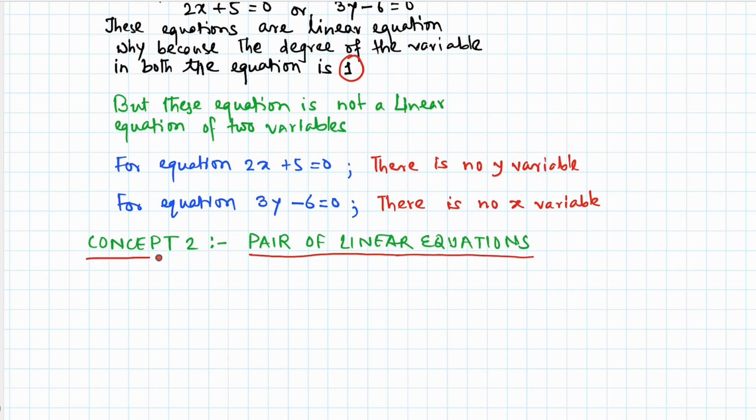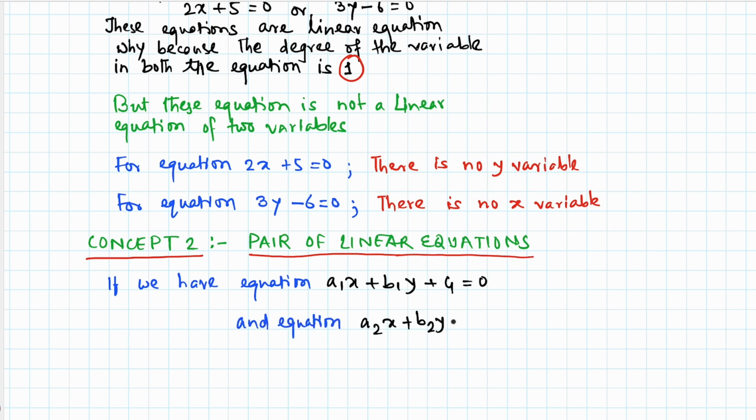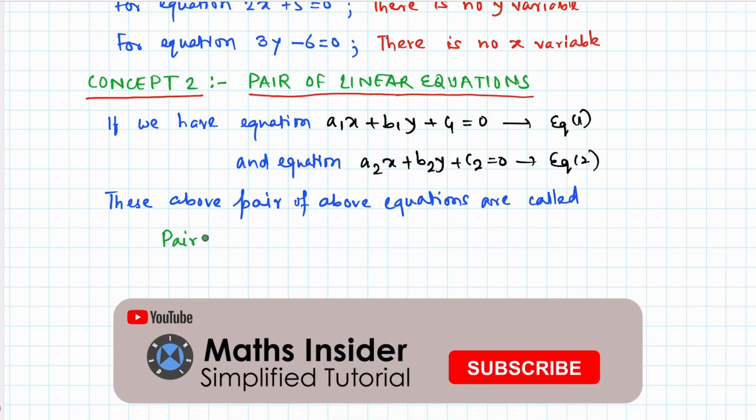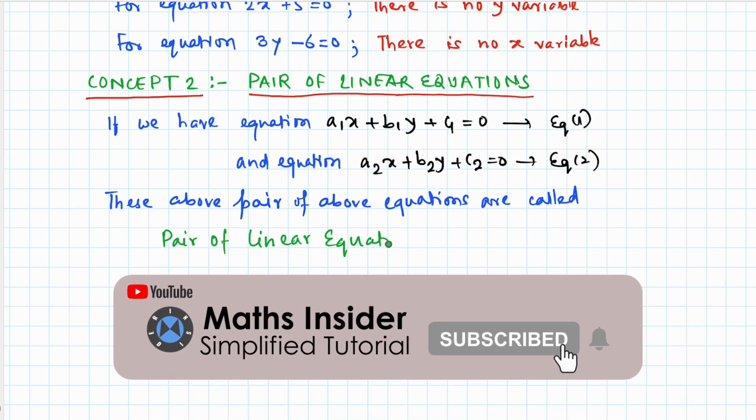If we have the equation a1x plus b1y plus c1 equal to 0, and the equation a2x plus b2y plus c2 equal to 0, so this is equation 1 and this is equation 2, then the above pair of equations are called a pair of linear equations.